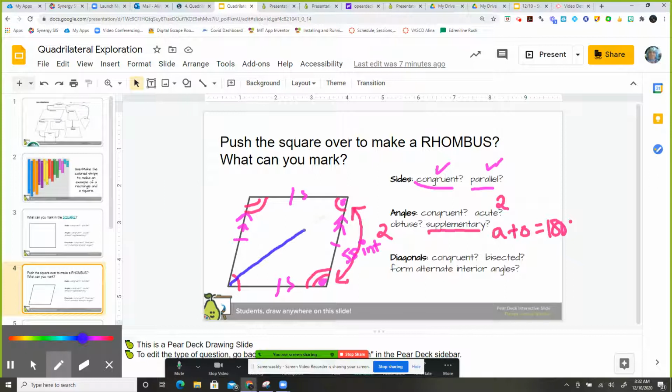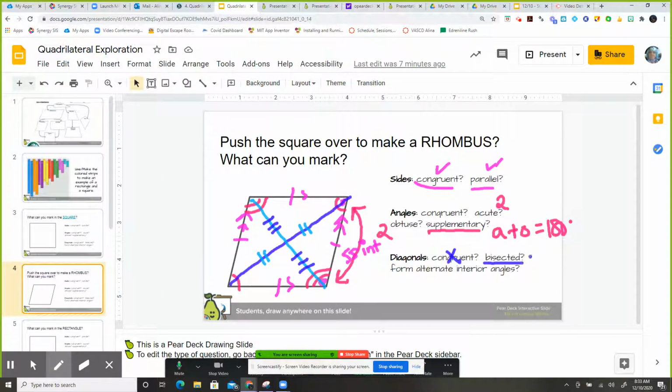I've got 1 long one and 1 short one. However, the long one is cut in half and the short one is cut in half. So they're not congruent, but they are bisected. Bisected means they're cut in half.